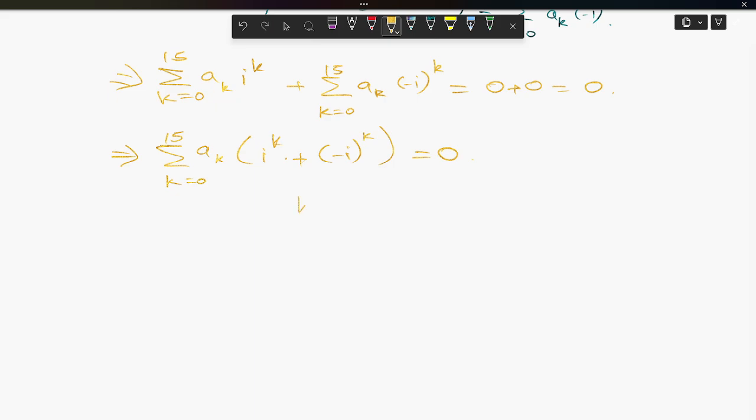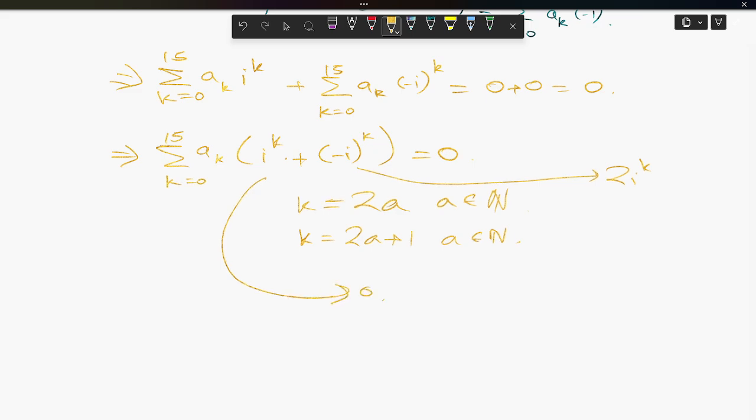For even terms, if k is equal to 2a, where a belongs to N, then this thing will be 2i^k. And if k is equal to 2a plus 1, where a belongs to N, that means k is odd, then this thing will be 0.